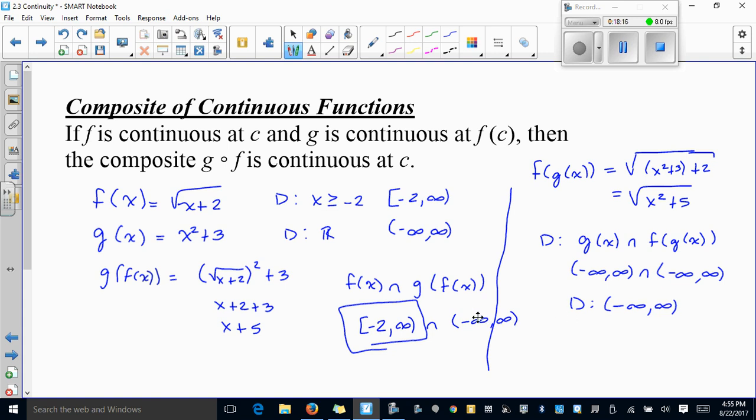This one here is f of x intersected with g of f, because now the thing to keep in mind here, especially with this one, is that I took the x out. That's why I lose the domain for the f of x. I took x out and put g in. That's why I keep the domain for g.